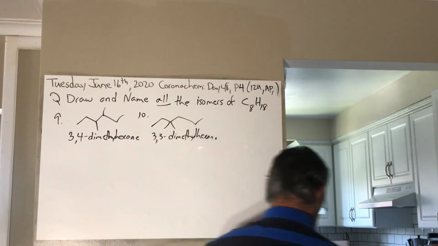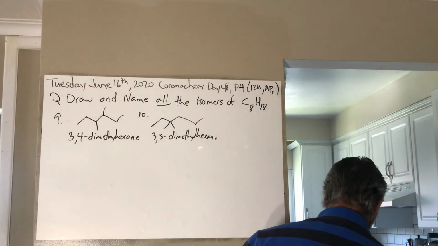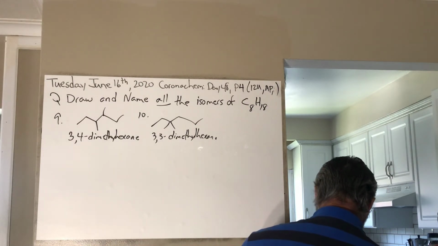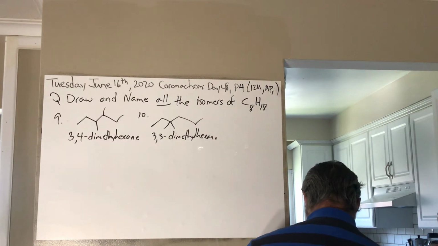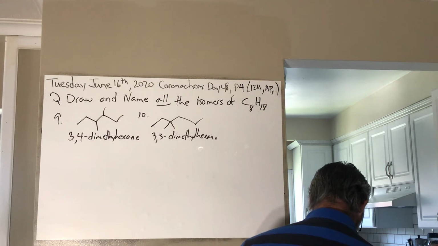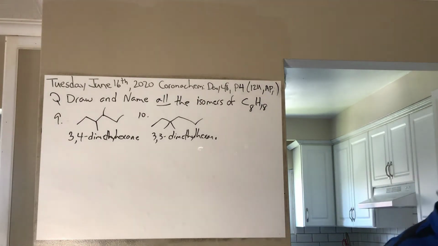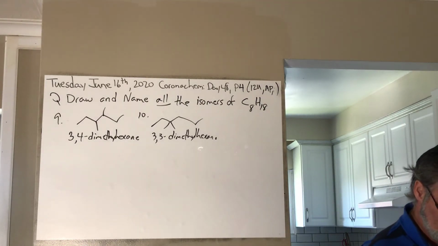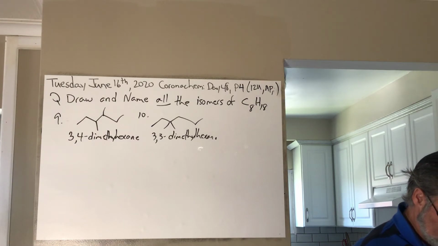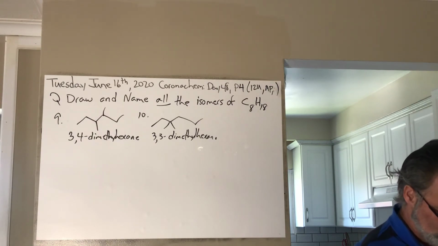And why not 3,5? 1, 2, 3, 4, 5. No, because that would make it 1, 2, 3, 4, 5. I think 3,5 should work. Did I put it somewhere? 1, 2, 3, 4, 5.